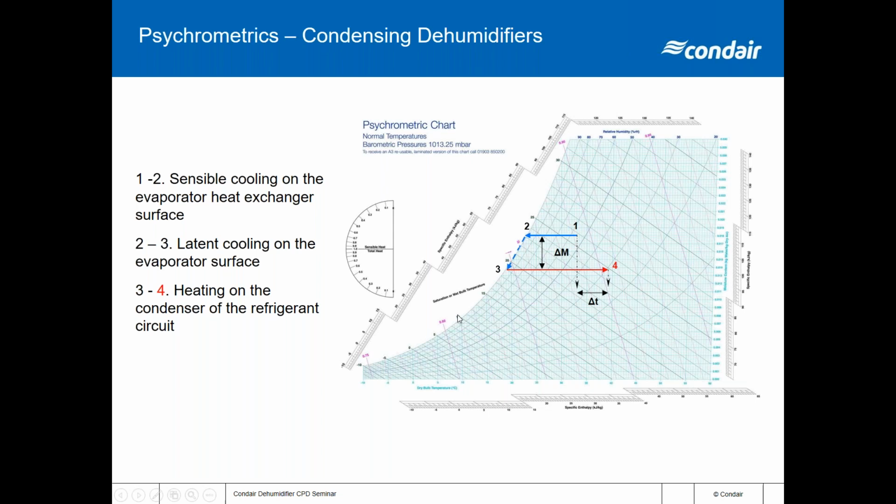So if we want something that is below 21 degrees C, 50% RH, then I'm going to struggle to do it with a condensing dehumidifier, because the moisture content is never going to get any lower than that. So it's really important that when we start to look at dehumidification applications, we understand what condition we're trying to achieve. So if you have a high humidity application and medium temperature, so above 21 degrees C, 50% RH, then there's definitely the potential to use a condensing dehumidifier.